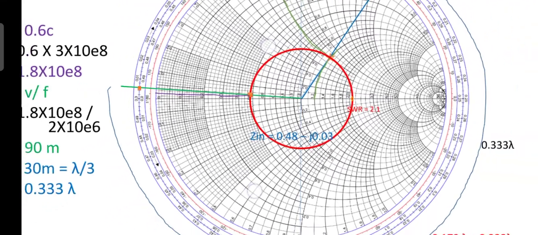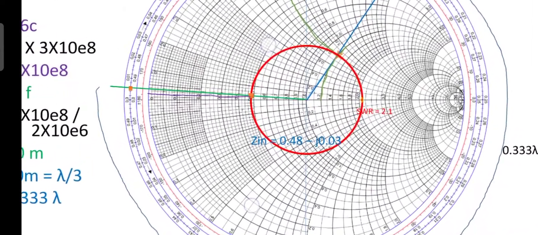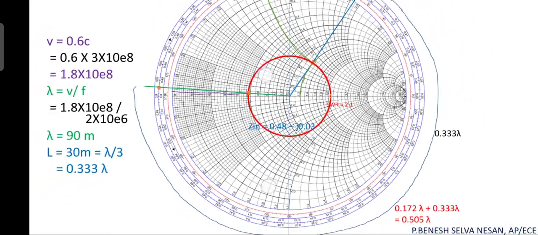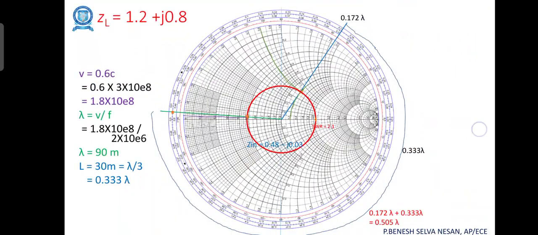Actually it is marked as minus 0.03, but it is not minus, it is plus. So Zn is equal to 0.48 plus j0.03.